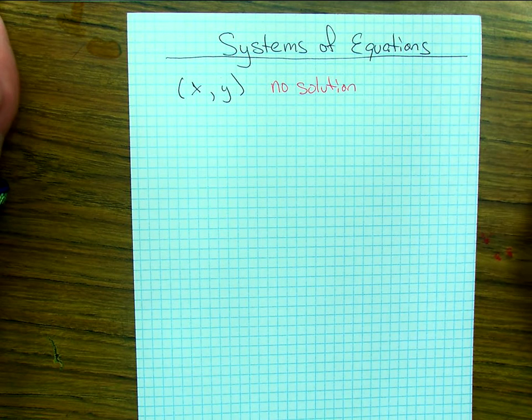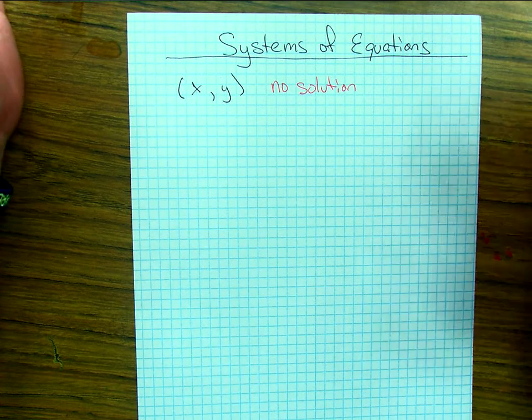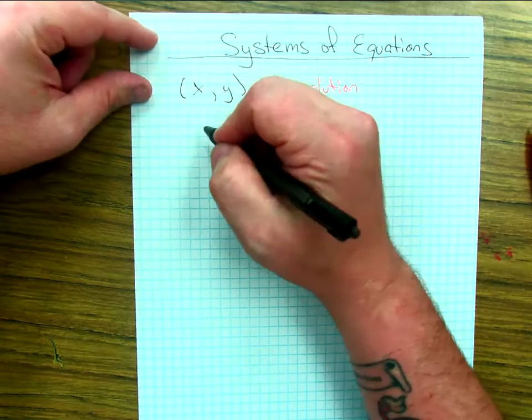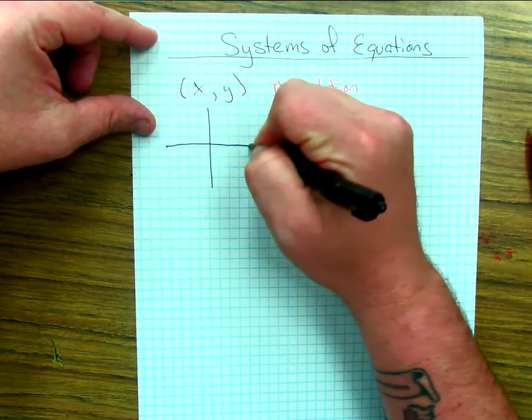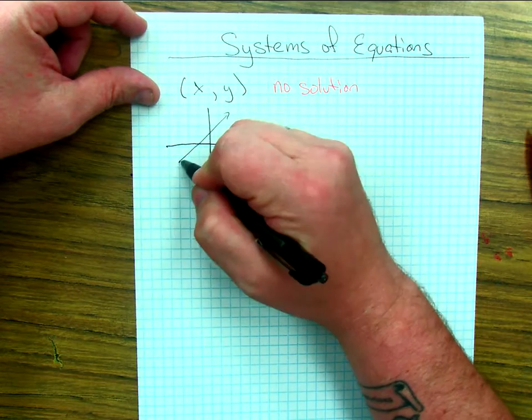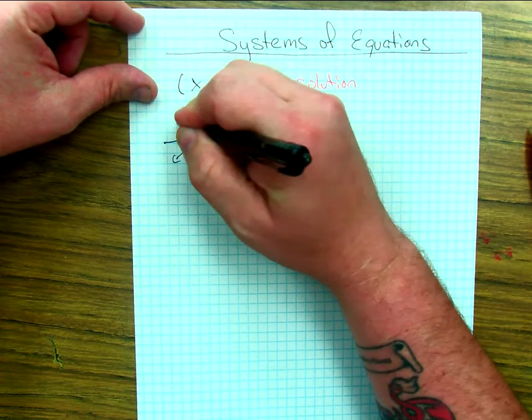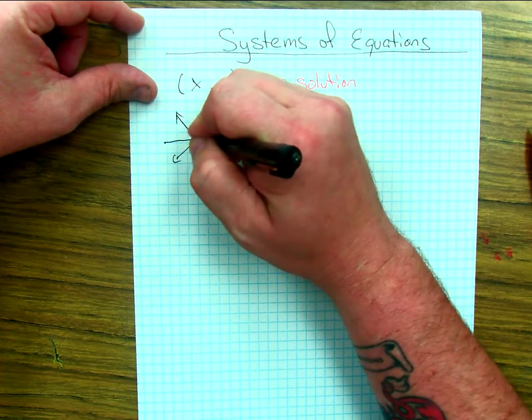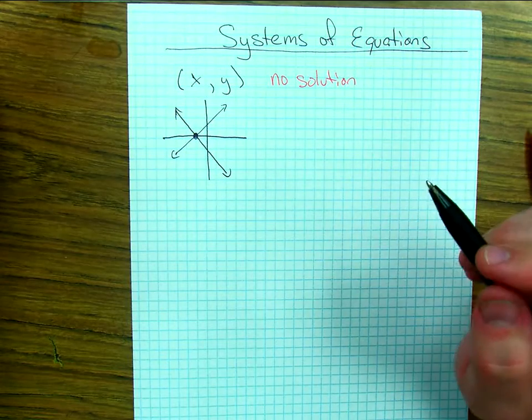We even have a word for it, right? We call that parallel. So in our first example, when we have one line and a second line, and those lines intersect and we have a coordinate, that's our answer.